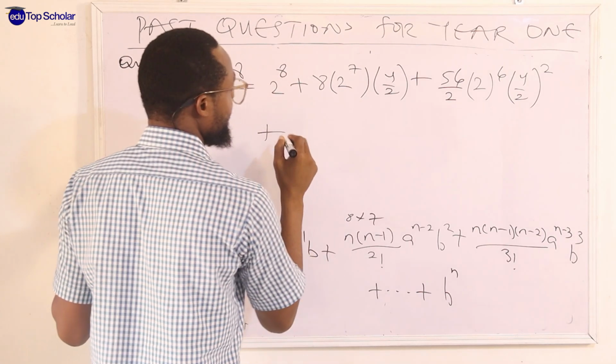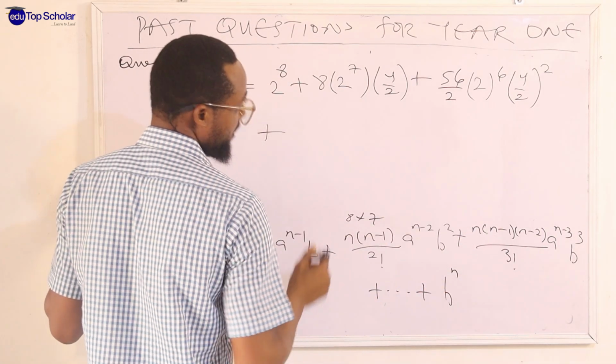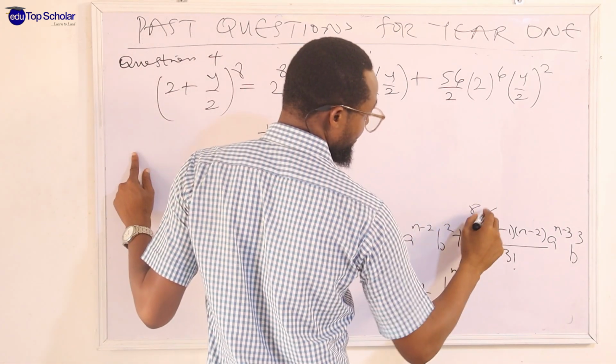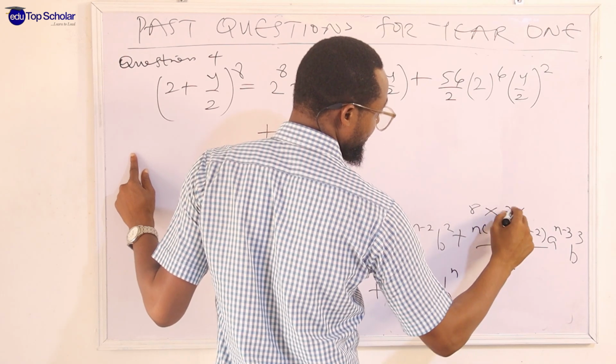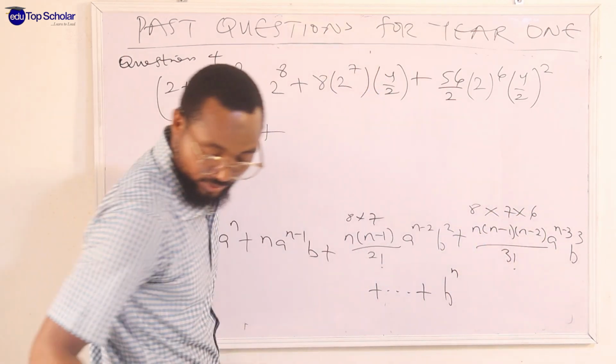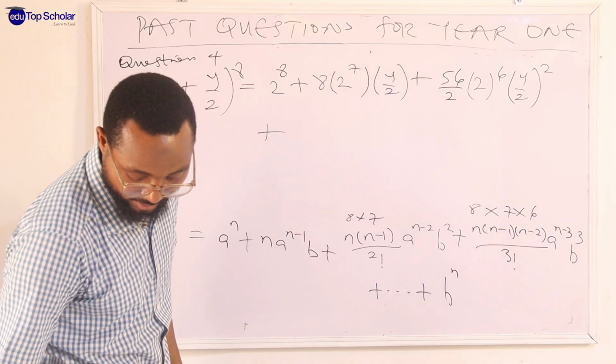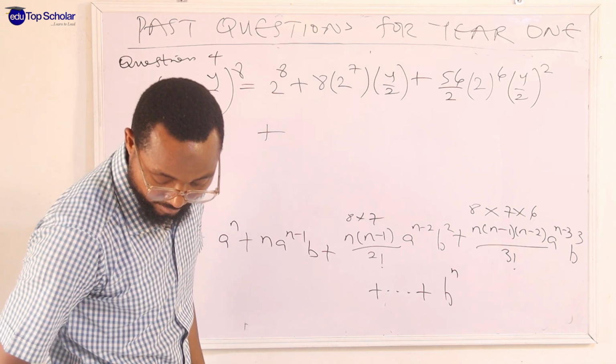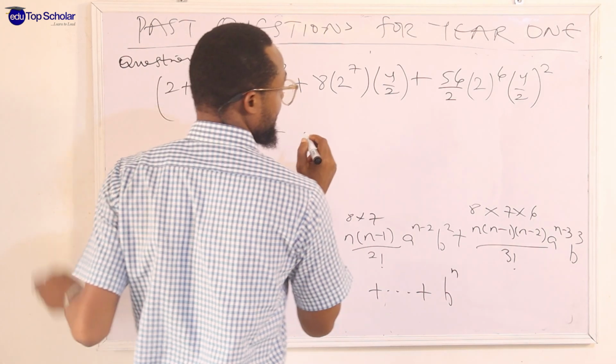The fourth term now will be this. That will be 8 by 7 by 6. So this one multiplied by 6, I have 336.